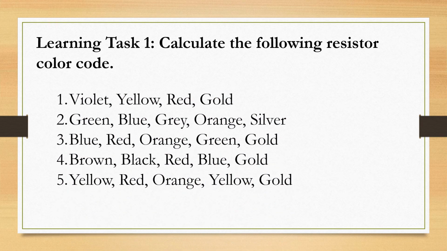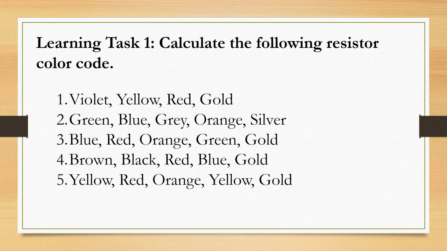For example, number 1: violet, yellow, red, and gold. So the first two are the digit bands, while red is your multiplier and gold is your tolerance.